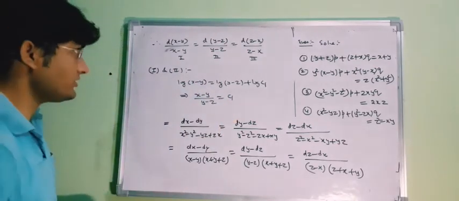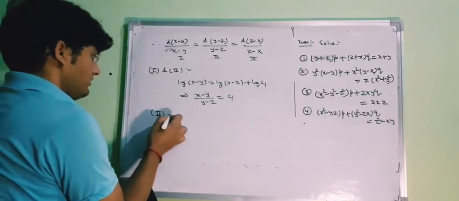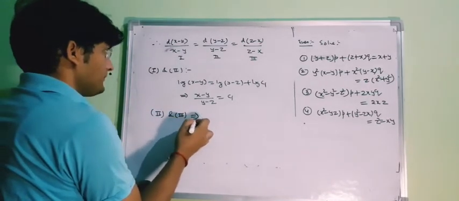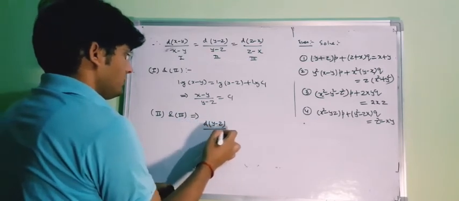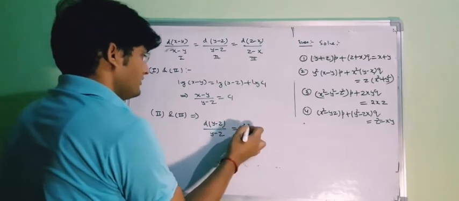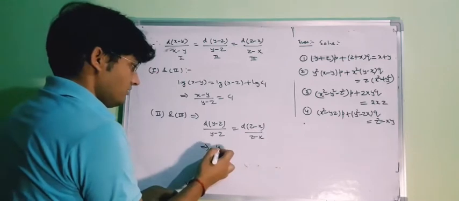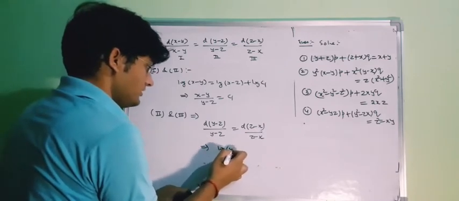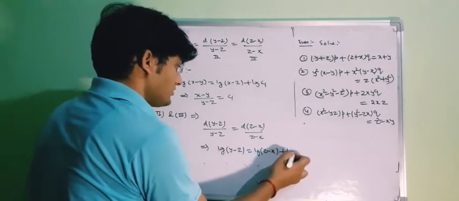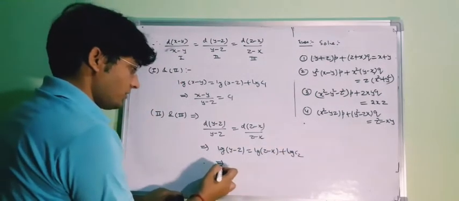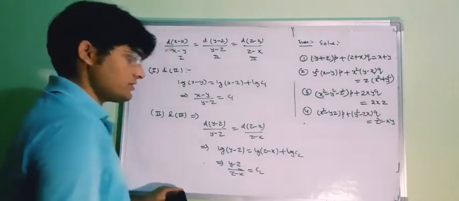And similarly if we take second and third, d of y minus z upon y minus z equal to d of z minus x upon z minus x. So from here we will get log y minus z equal to log z minus x plus some constant of integration, say log c2.